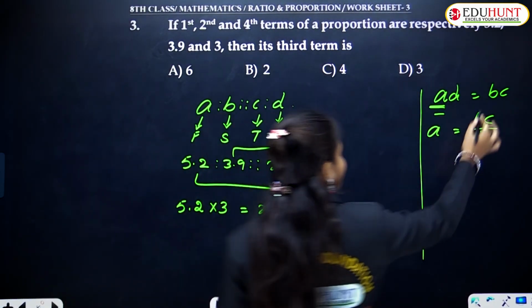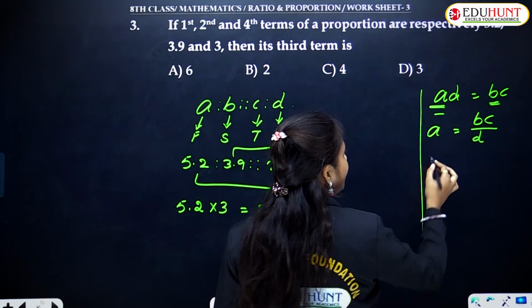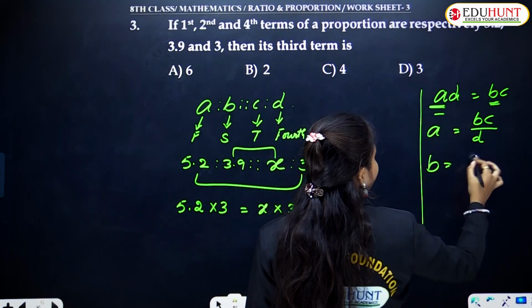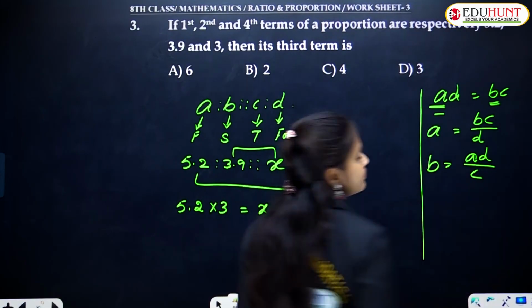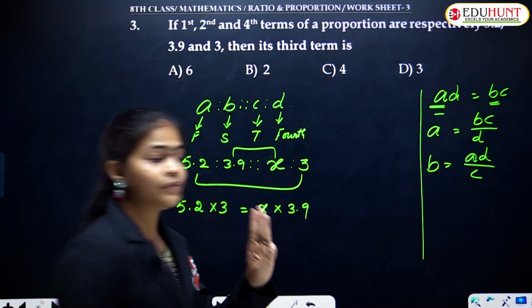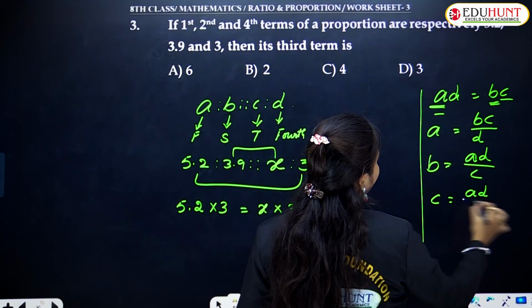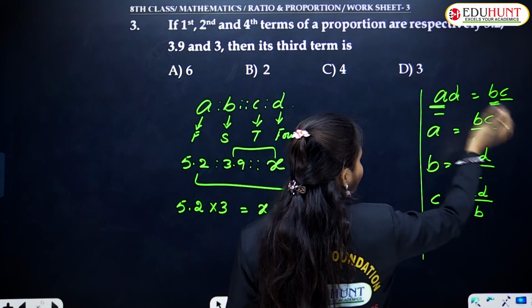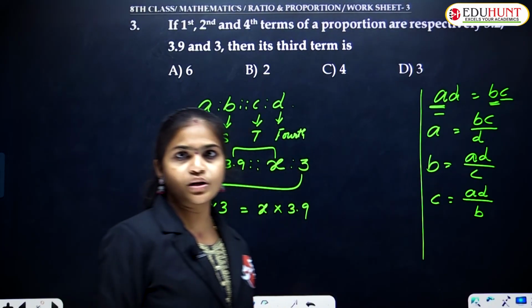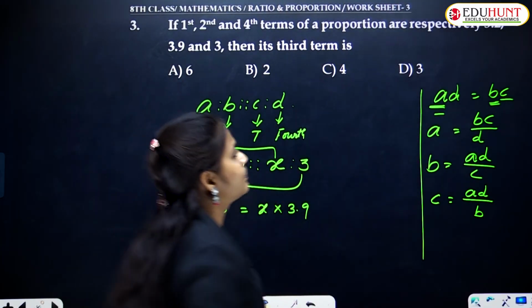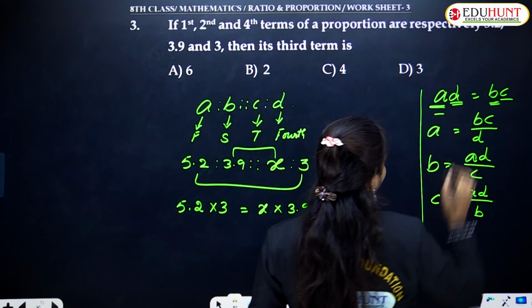And how to find the second term? So second term is B only, no? So B is equal to AD by C. Understand? Third term. What is the third term here? C. So C is equal to AD by B. I am just transposing the terms from LHS to RHS. And in the same way, find out the fourth term.